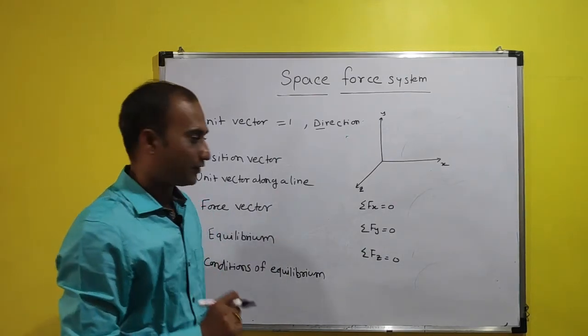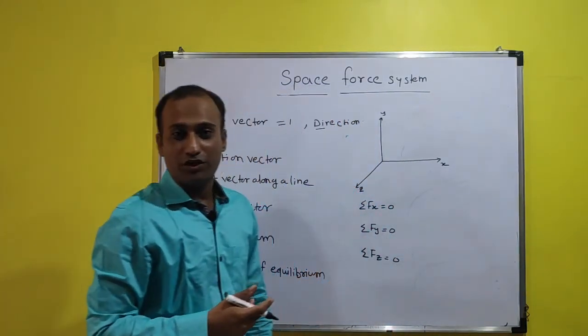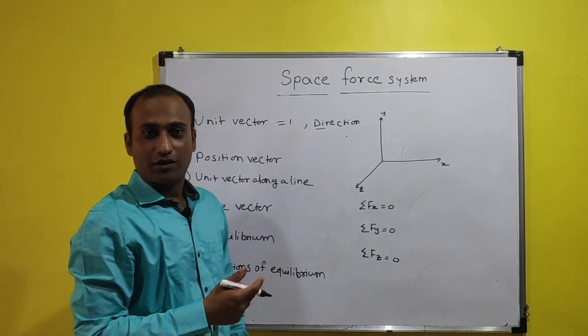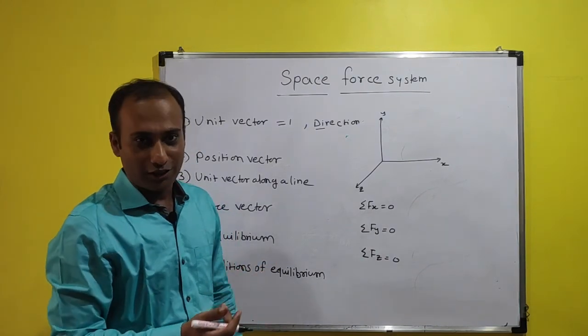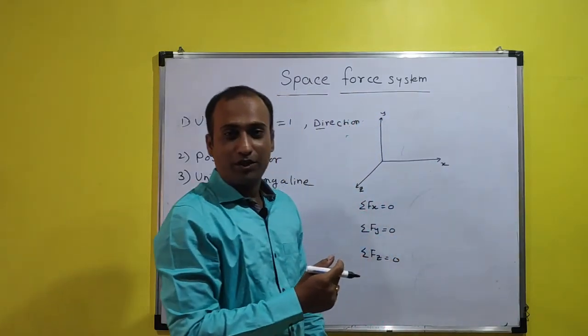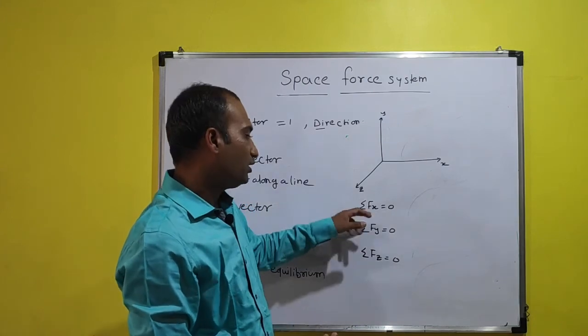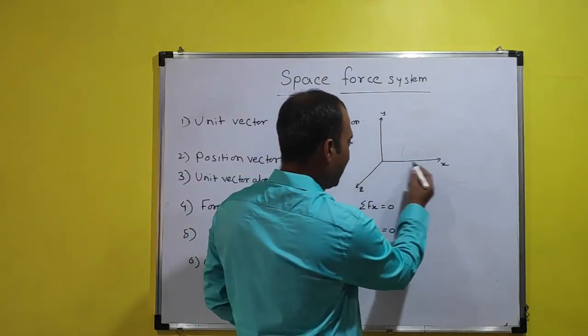So these three equations we can use in a space force system whenever the system is in equilibrium. To know more about equilibrium, you can watch the other video based on equilibrium. Here, what are the other conditions of equilibrium? In 2D, we can take the moment about a point. Here, we can take the moment about an axis.